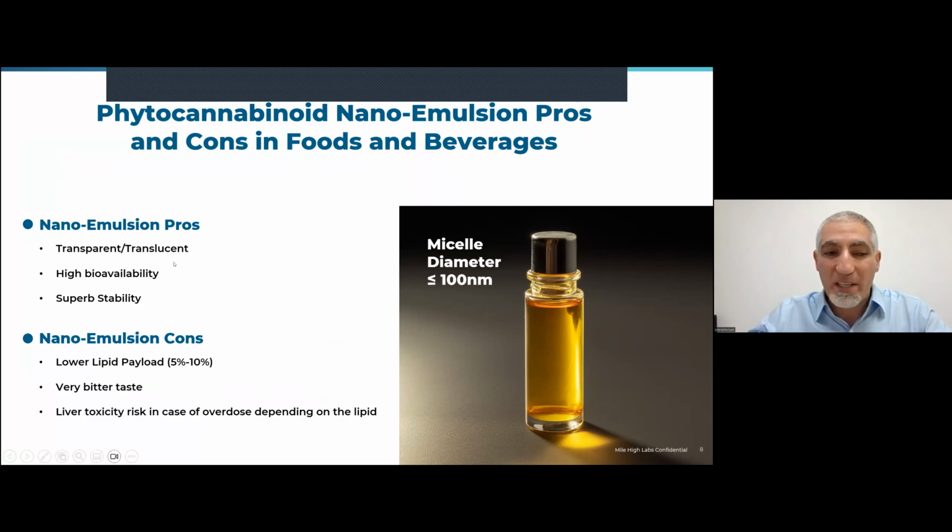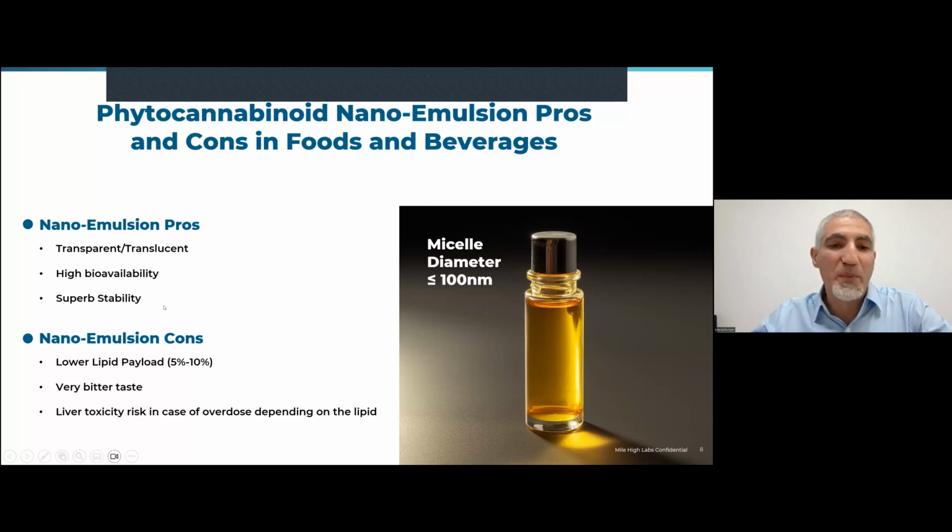Another pro is obviously very high bioavailability, like we saw, it just goes through very easily. Then the superb stability. However, the con is that the smaller the droplet size, the smaller the lipid payload in the micelles. So the concentration of your active that you are trying to deliver is less and less, the smaller the particle size.